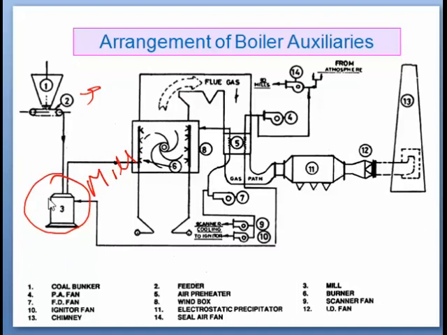Here in the mill, coal gets pulverized. To carry this coal up to the furnace, we require primary air, which is supplied with the help of the primary air fan, shown here by number 4. This is the primary air fan, the PA fan.